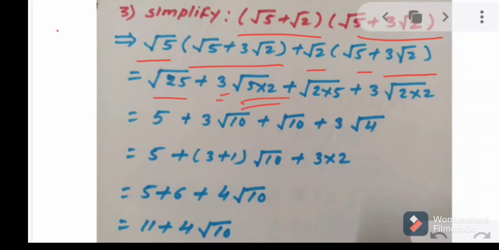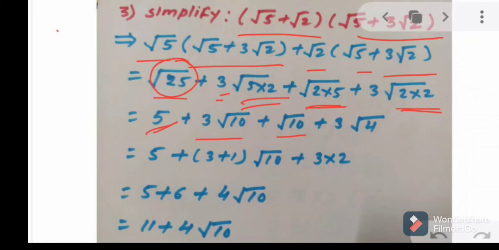So for solving these two, and there is multiplication between those brackets, we have to multiply the first term to this bracket and again the second term to the same bracket. So root 5 into 5 root 5 plus 3 root 2, again this root 2 into root 5 plus 3 root 2.